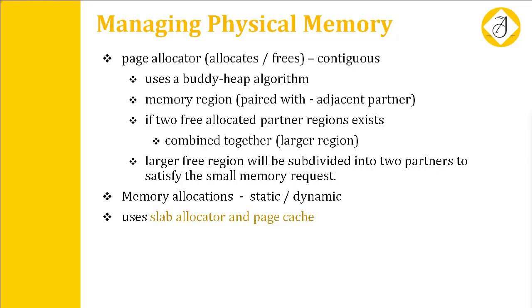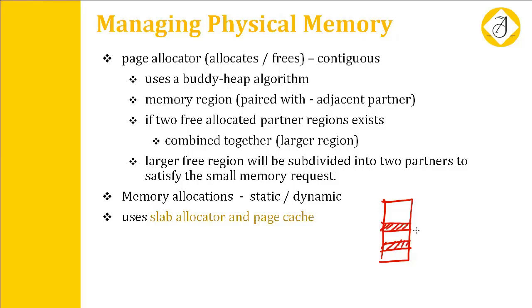Each allocatable memory region is paired with an adjacent partner. So whenever two allocated partner regions are both freed up, then they are combined to form a larger region. So using the buddy heap algorithm, if this is a memory and you have two different unused spaces, so these pages are unused.